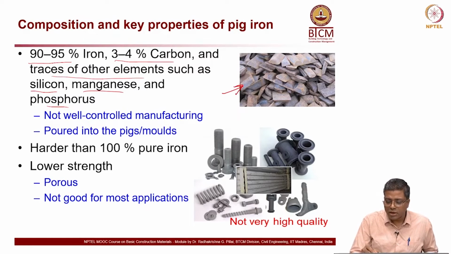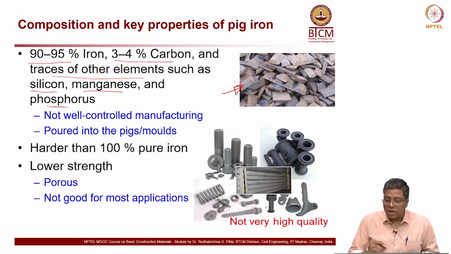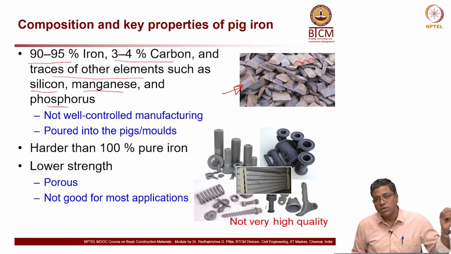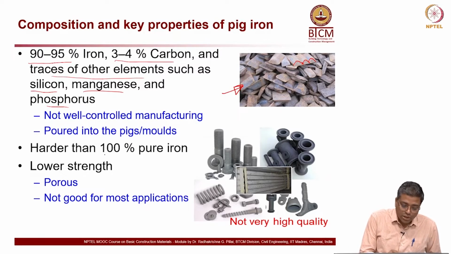So, this is a typical photo of how pig iron would look. Of course, it depends on the shape of the molds, and you can see this tapered shape, which makes it easy to be lifted out of the mold. Now, as you have seen, this is not really a well controlled manufacturing process, because this hot molten material is poured into the molds or pigs and then it is taken out, and it is harder than 100% pure iron.